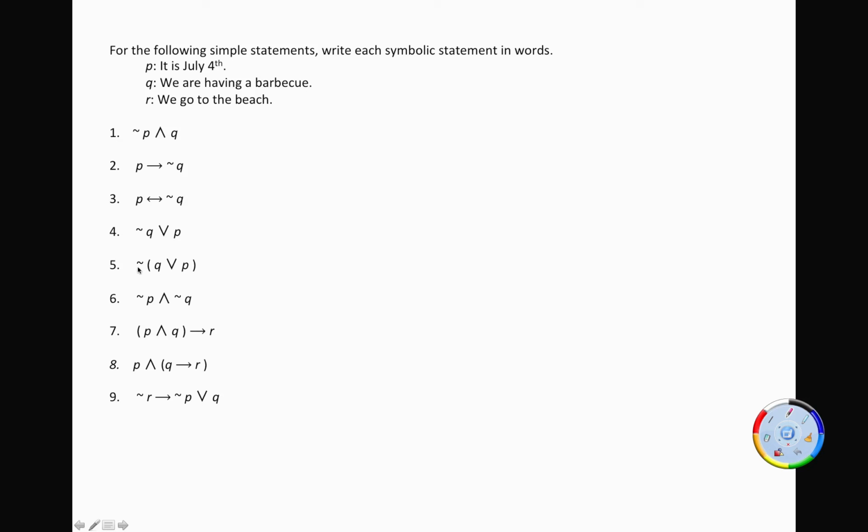So, it is not true that we are having a barbecue, or it is July 4th. Okay, this one is not P and not Q. It is not July 4th, and we are not having a barbecue.